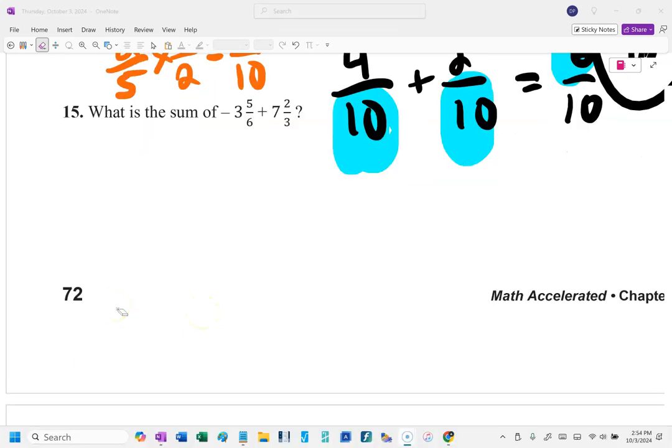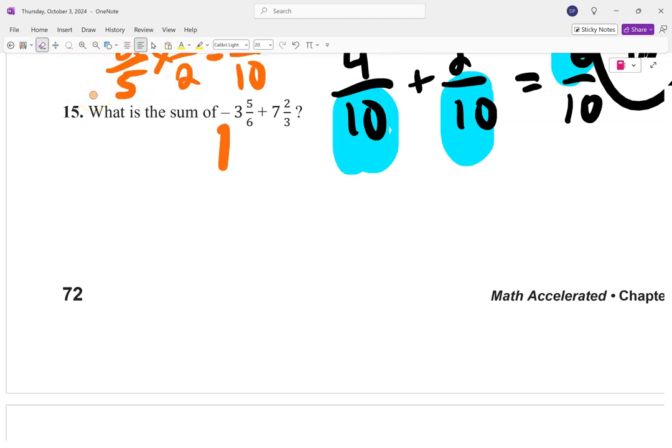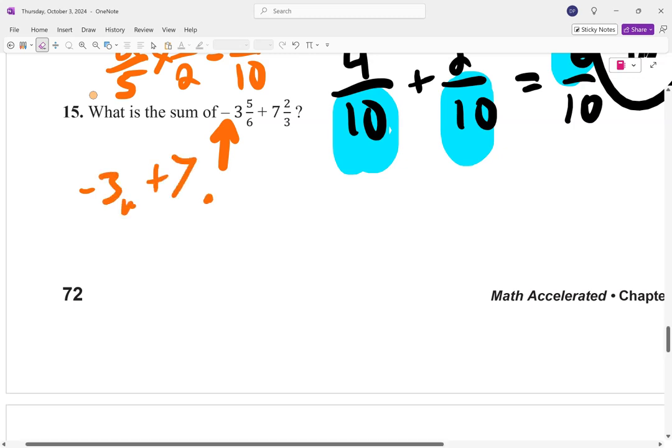Now we have negative 3 5/6 and positive 7 2/3. We cannot forget about this negative. So, since this is good guys and bad guys, negative 3 and positive 7 and a little bit of change, right?